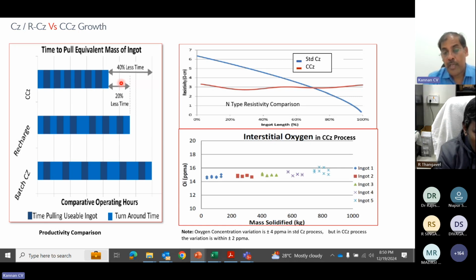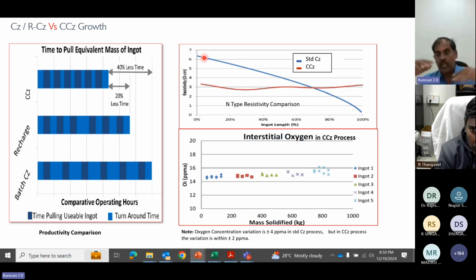Productivity also increases. Another advantage is here, this blue curve: the resistivity variation across an ingot from top to bottom. As I said, the top side is always higher and the bottom side will be low. There is a huge variation from top to bottom if you grow one crystal.